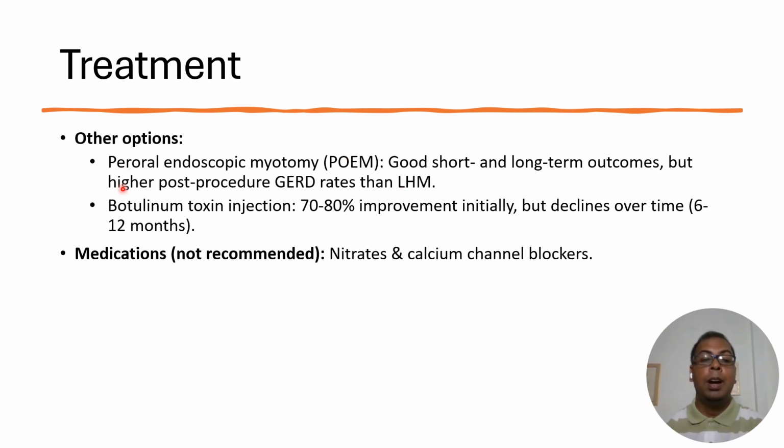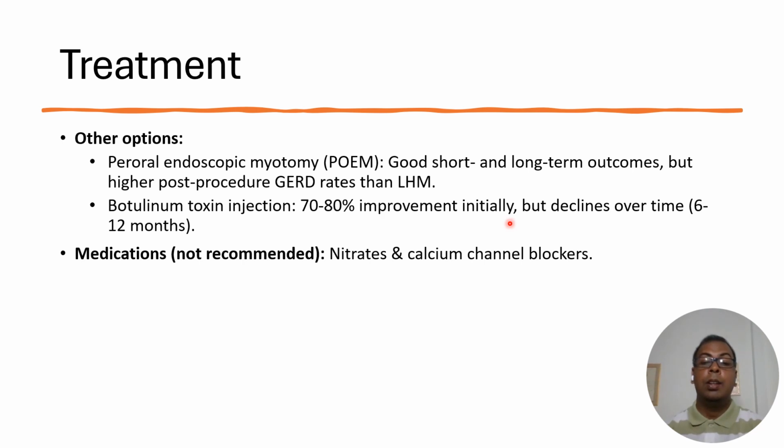Another option that we have is botulinum toxin injection, sorry. And you should know a lot about botulinum toxin, so ensure you review and know everything about how this toxin works. Remember, it decreases the release of acetylcholine at the presynaptic terminal, and it is a muscle relaxant. So this is used in achalasia.